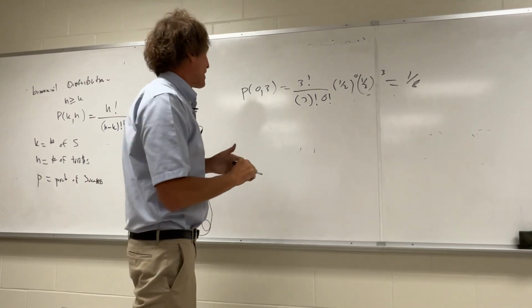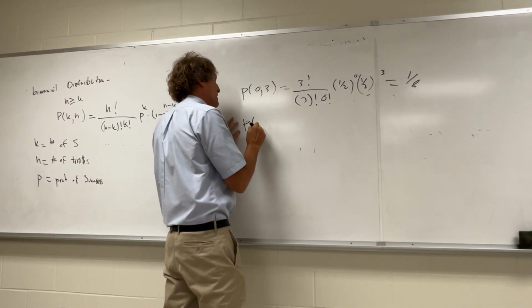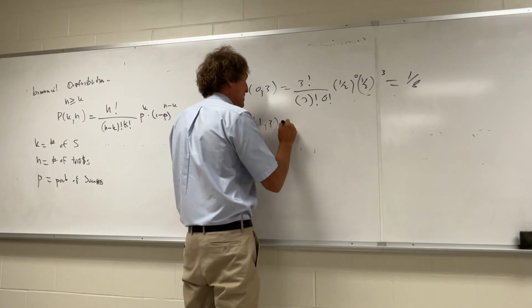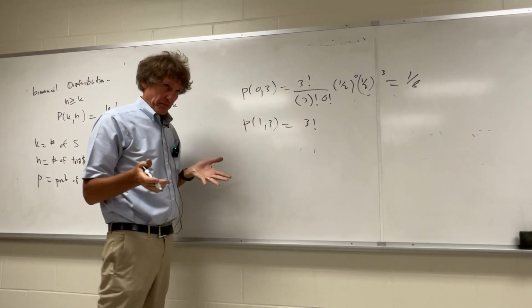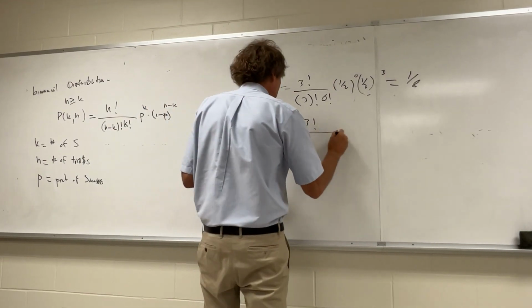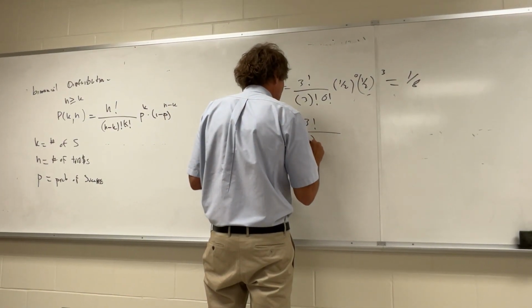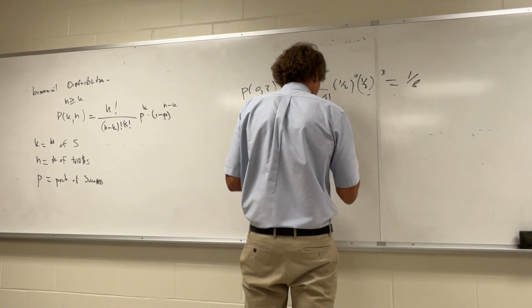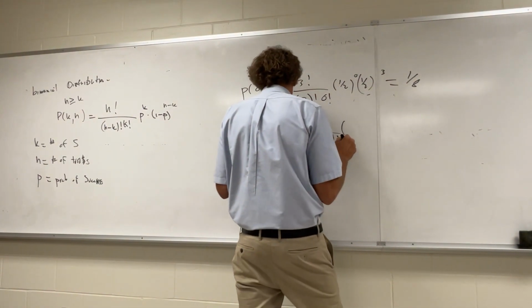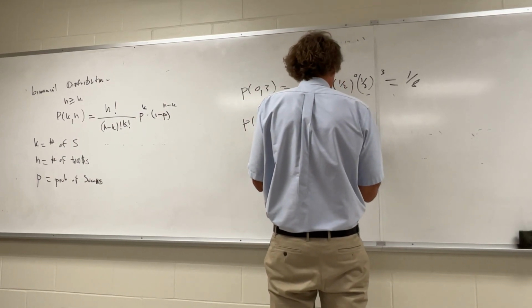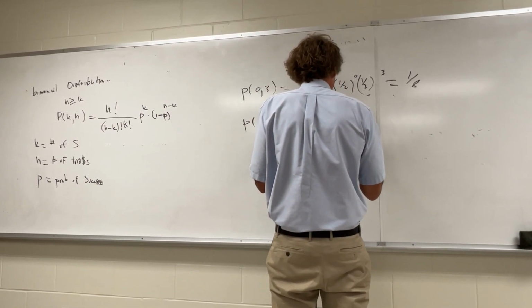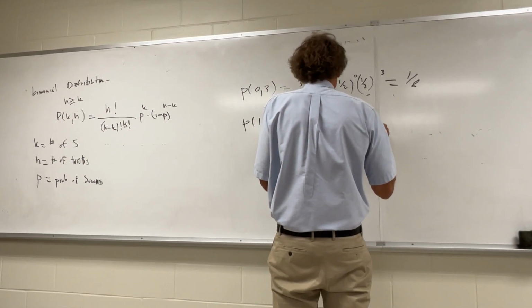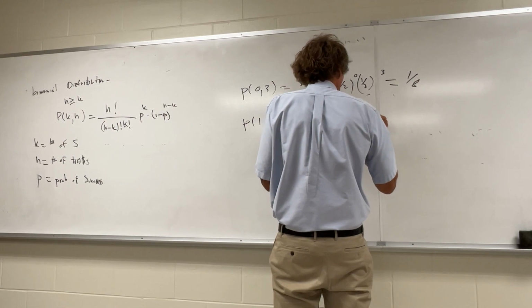All right, now what's the probability of getting 1 head, we're going to call it head, in 3 tries? 3 factorial, right? Then it's 3 minus 1, or 2 factorial, times 1 factorial, which is 1, times the probability of success, which is 1/2 to the 1 power, times the probability of a failure, which is 1/2 to the 3 minus 1, or 2 power.